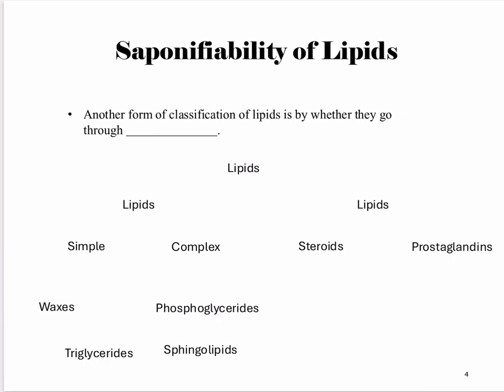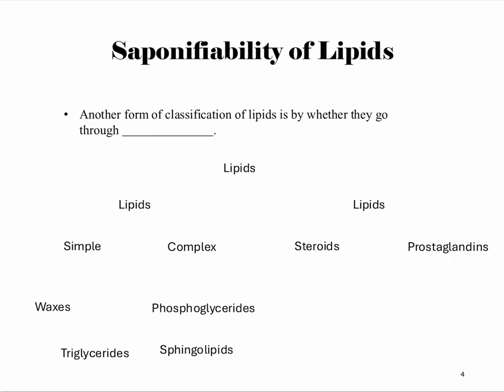Okay. The other way that we can classify lipids is basically, can the lipid undergo saponification, which will be one of the reactions that we see for lipids as well. And what was saponification again? It would be the opposite of a condensation reaction.